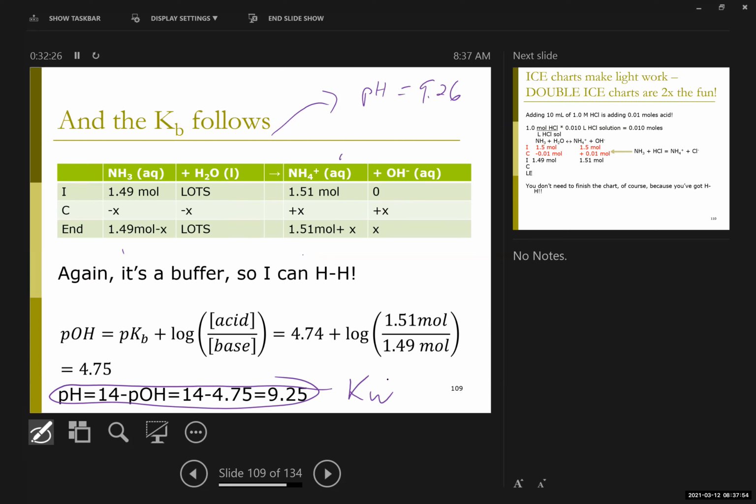And so my pH, instead of going down that little bit, went up a little bit, right? Okay. It's worth pointing out, because I keep saying it's a buffer, it's resisting the changes in pH, right?